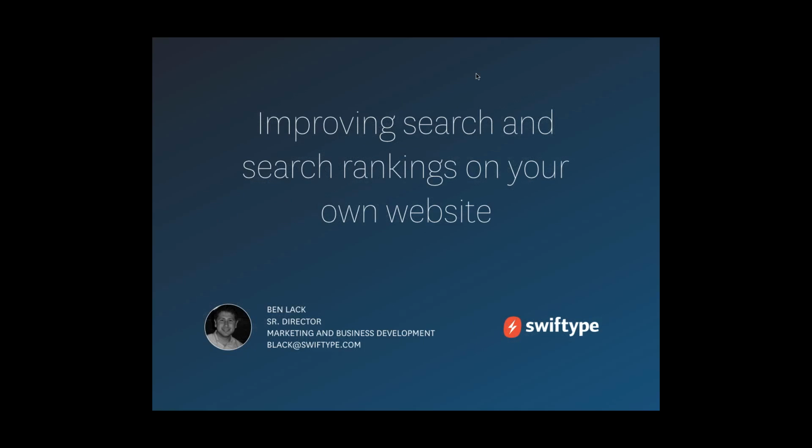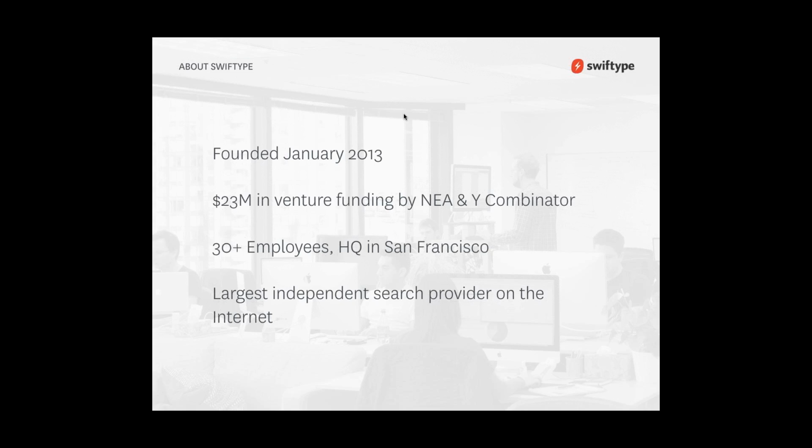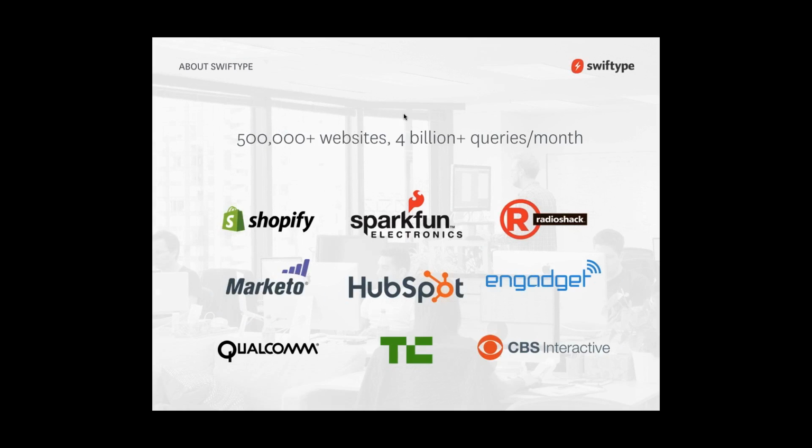Okay, I am now showing my screen. Just a quick background about SwiftType. We were founded in January of 2013. We're based out of San Francisco with about 35 employees. We have a little over $20 million in venture funding, and we're the largest independent search provider on the internet.